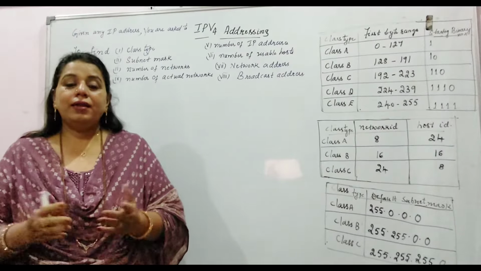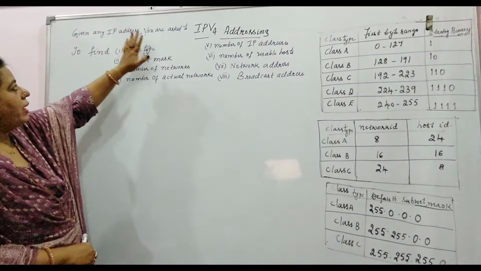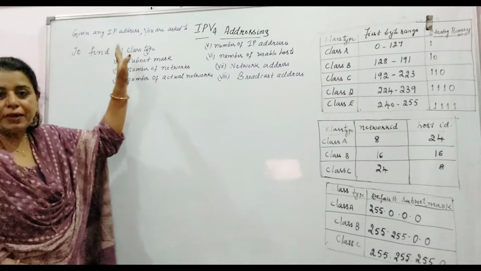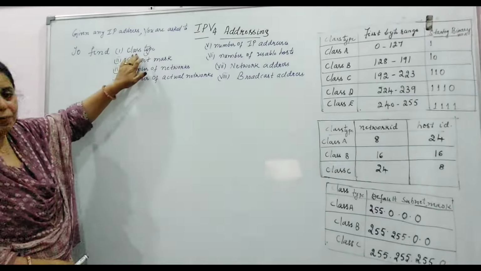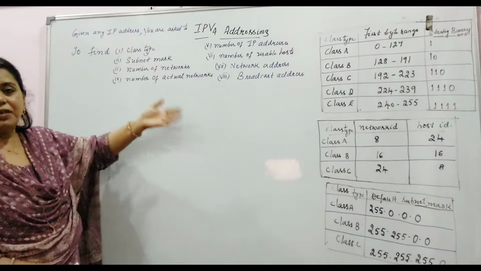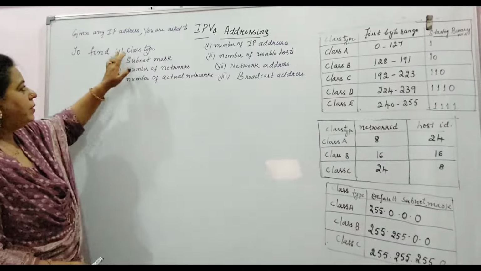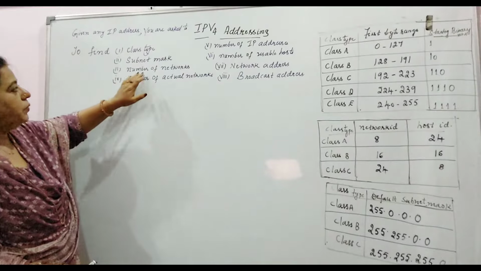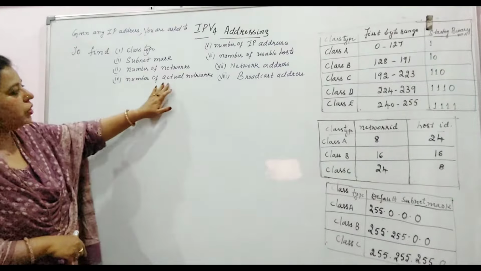And in theory, in the examinations, most of the time a question is asked in this manner: an IP address will be given in the question, and you will be asked to find out the class type, that is, to which class this particular IP address belongs. The subnet mask you need to find out, the number of networks that are possible there, the number of actual networks.